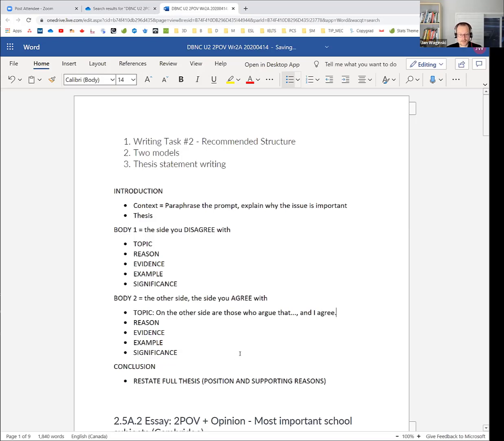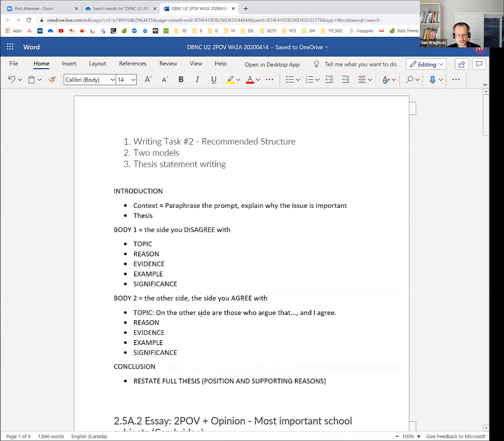If you're stuck in terms of your overall structure of how to build this essay, this is kind of a quick and dirty way to do it, right? Your first body paragraph is just give the opposite reasons for the side that you disagree with. Give the reasons that a supporter of this side would provide.